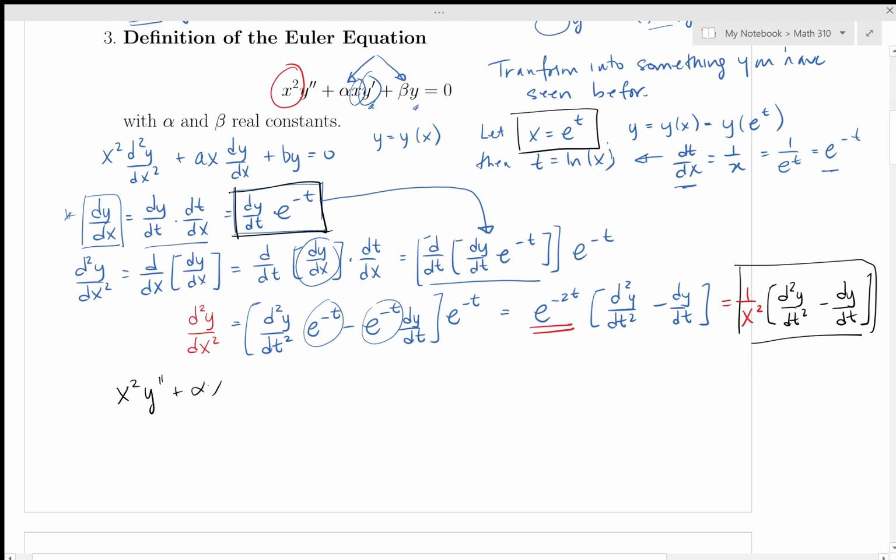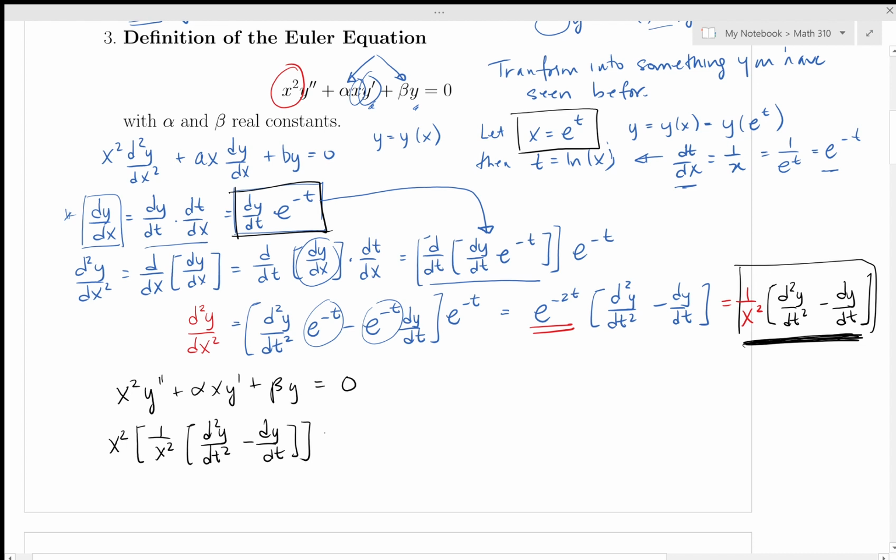There's x squared y double prime plus alpha x y prime plus beta y equals 0. Okay, so I'm now making the substitution. Here goes x squared, multiplied by y double prime, which is 1 over x squared times the second derivative of y with respect to t squared minus dy by dt.